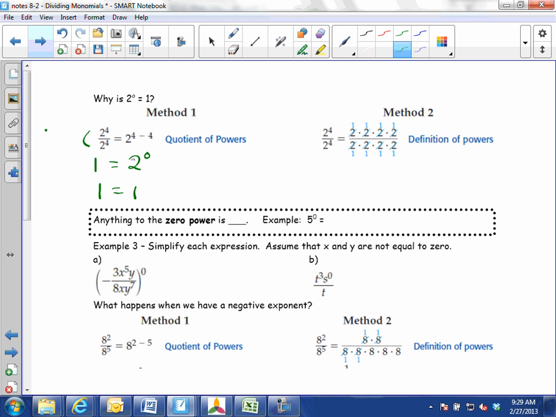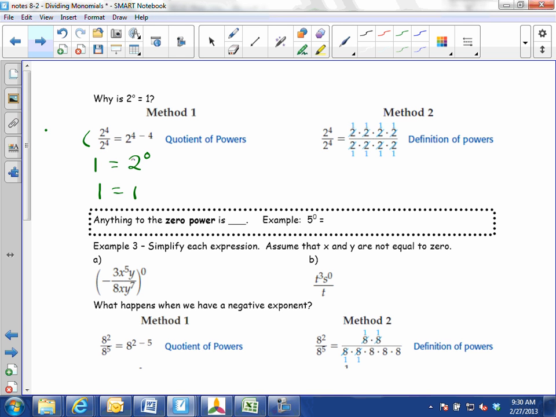You follow me? No? Okay, like we said, James, when we have something divided by itself and different exponents, we subtract. So 4 minus 4 is 0. Something divided by itself always has to be 1, therefore 1 has to equal 2 to the 0. So 2 to the 0 has to be 1. Or we can look over here.